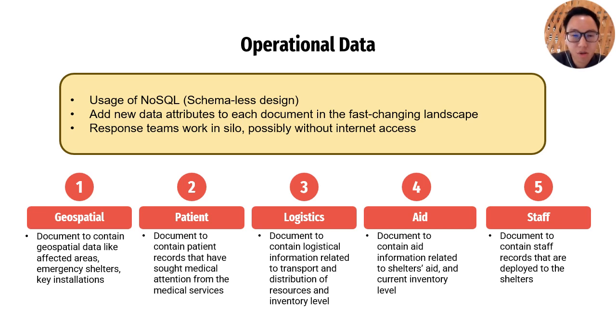For the logistics document, it's more towards the logistical information, so things like transportation, food distribution, inventory level, etc. Then the shelter document is more towards shelter specific information, and towards the inventory level of the shelters. And finally, the staff document will be for the records of the staff particulars.